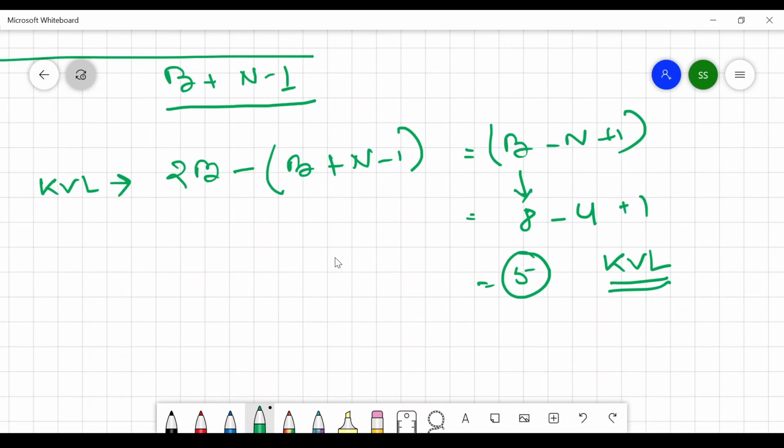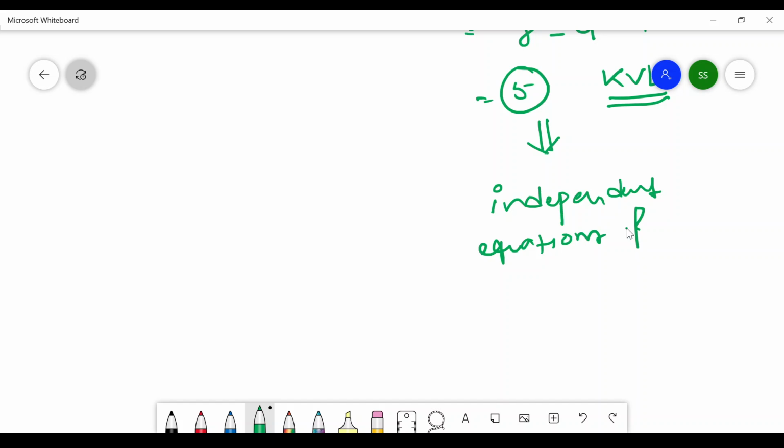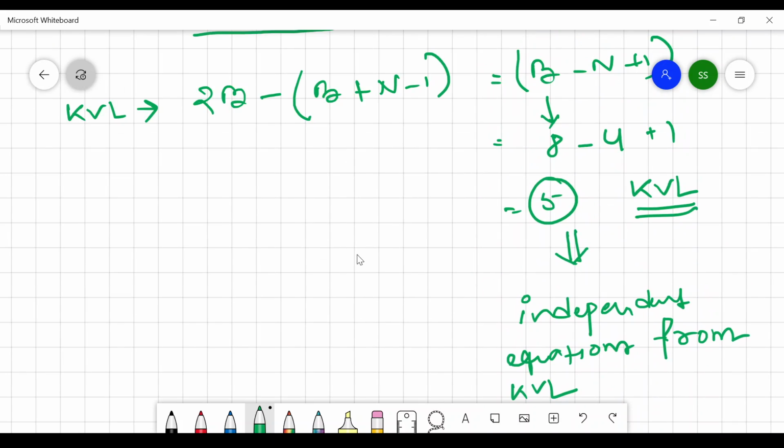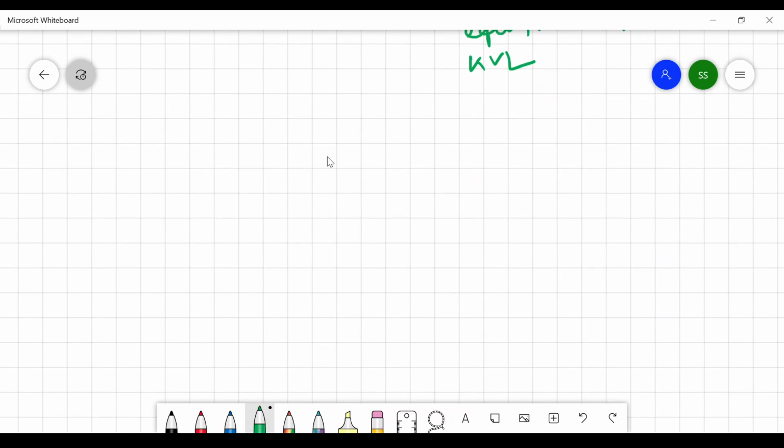Now how do we know that we will get 5 independent equations from KVL?